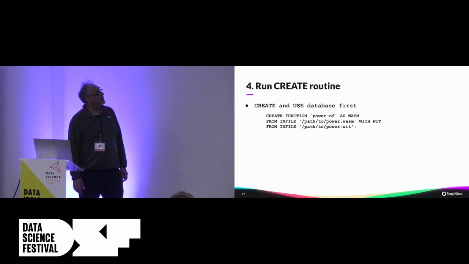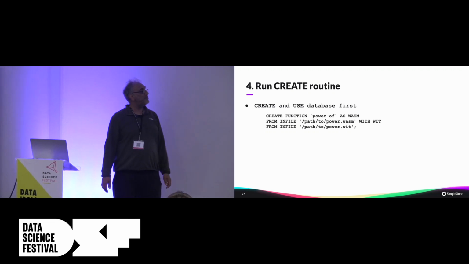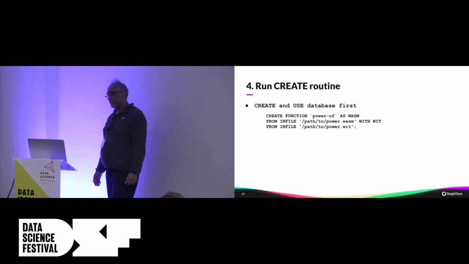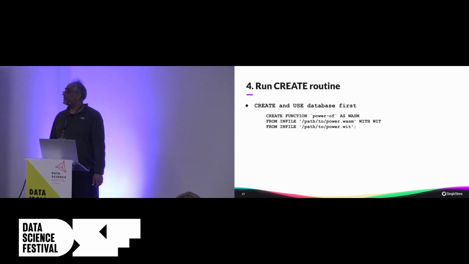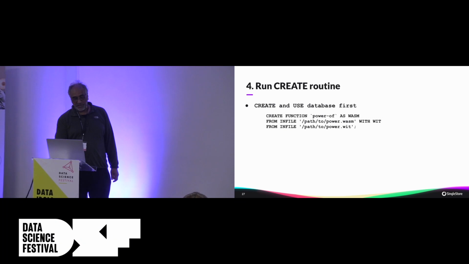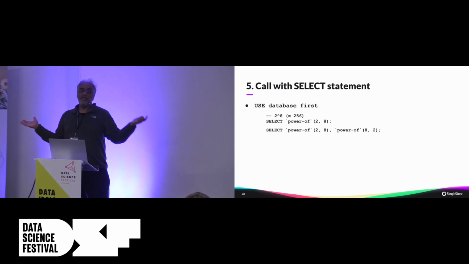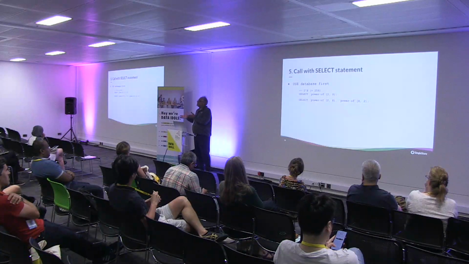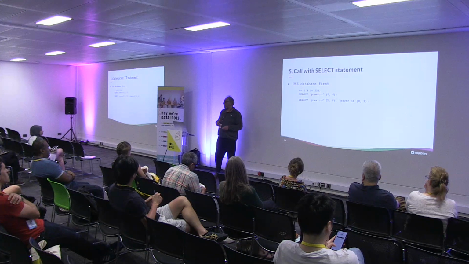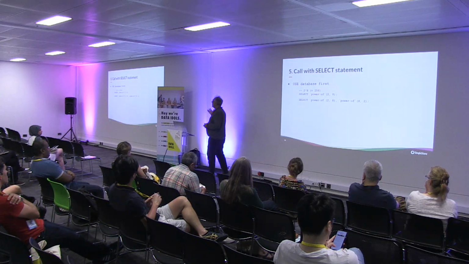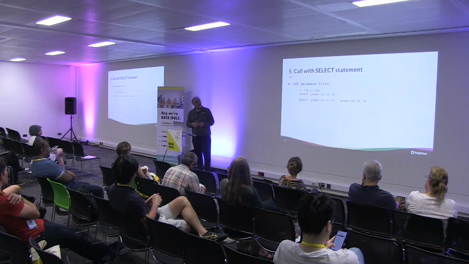Essentially then we just create function, again provide the path to where the Wasm binary file resides, where the interface definition is, the WIT file, and we use it exactly the same way. So two different ways to achieve the same result, depending on your preference, whether you happen to be a C or C++ person, or you're working with Rust. You can use either of these to achieve exactly the same result.